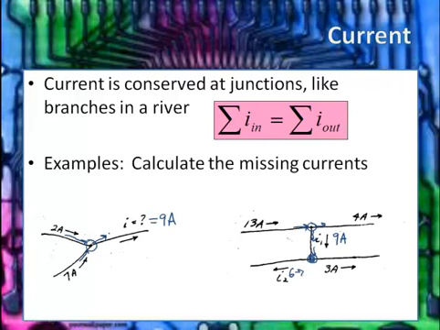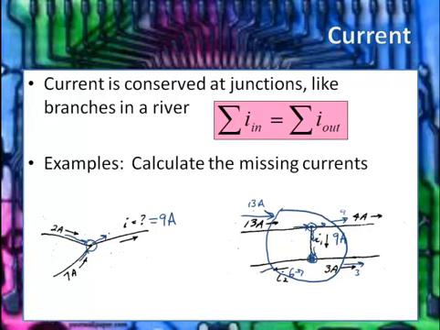And so pretty simple. Sometimes it's useful to take a step back, and instead of focusing on these little intersections in the middle, if I were to draw maybe one giant intersection here, as a whole, there's 13 amps coming in, and then I've got 4 leaving here, 3 leaving here, so 7 so far are leaving.